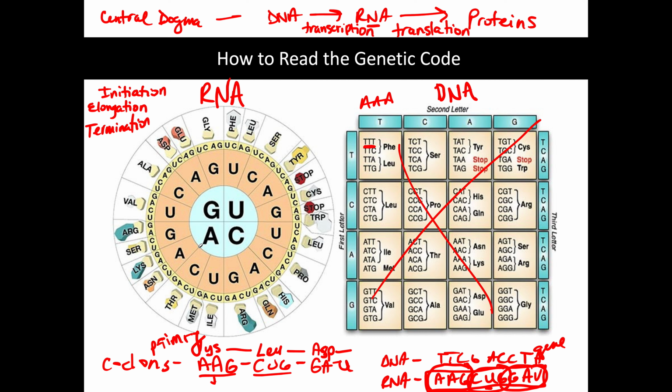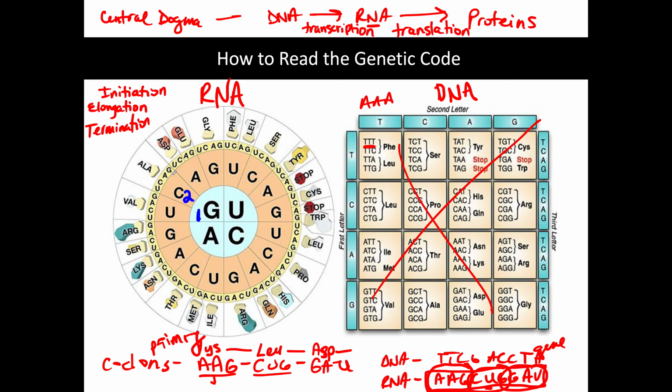For example, you can see here G, then C, and then in the third position, if I go to G, this is position 1. C is position 2.